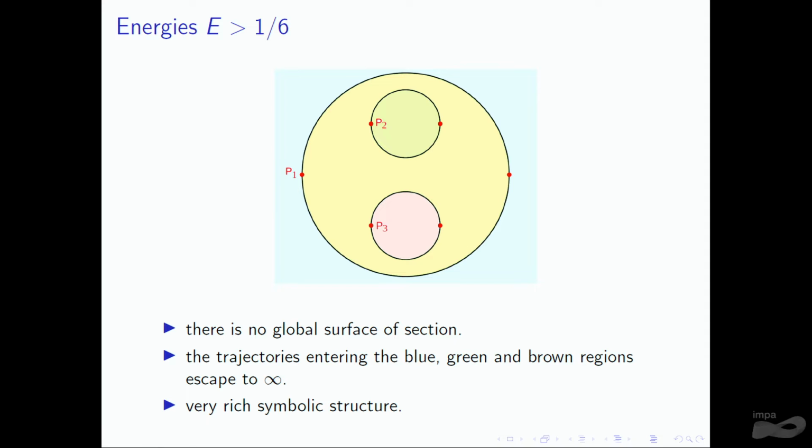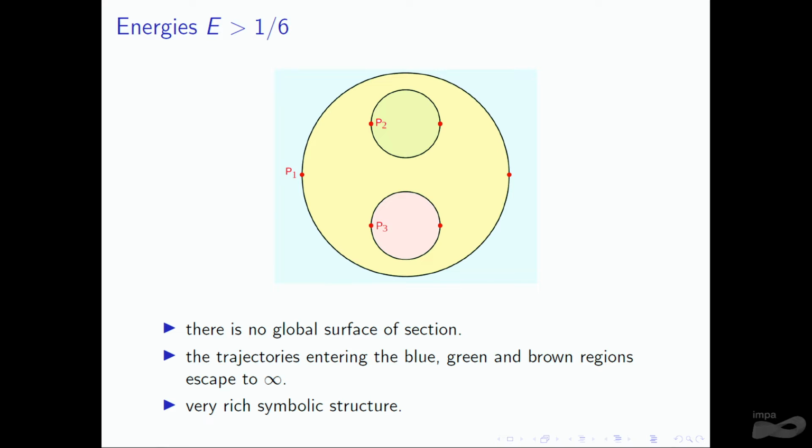These three hyperbolic orbits are called pi1, pi2, p3. And in this case the dynamics is much more complicated because they escape. Some orbits do not escape this region. There are a lot of theorems about this symbolic dynamics in this region.